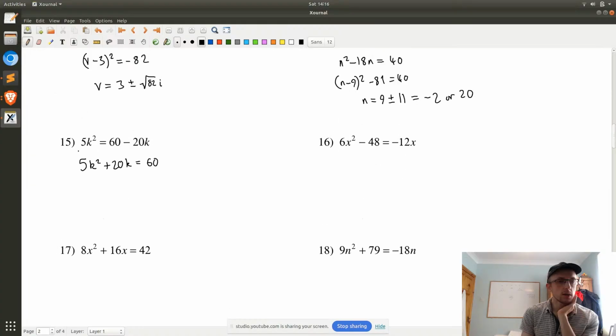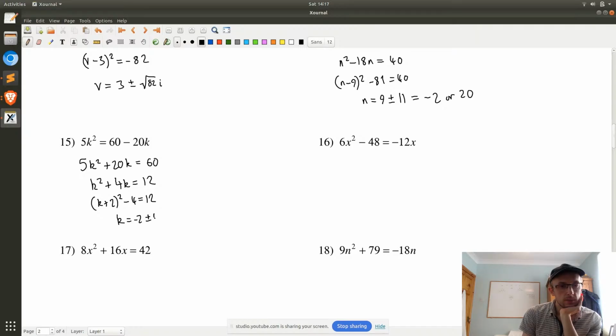All right, finally a non-monic. I divide everything through by 5. There's 16, so plus or minus 4. Divide everything through by 6.